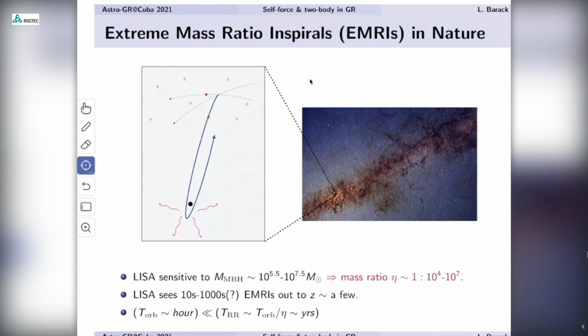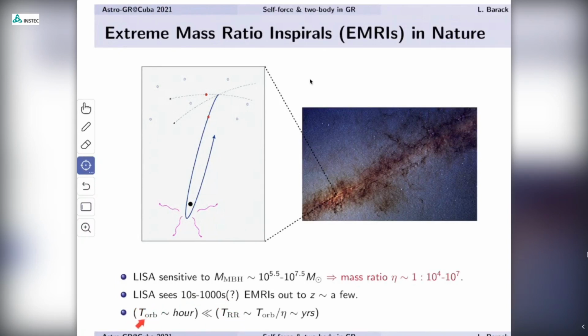So if you integrate over all the galaxies that you can see, you end up with very nice numbers, with very large error boundaries. We still don't know how many LISA will see, but it may well be in the hundreds or thousands. And the main thing to consider in terms of the physics is the fact that you have two disparate timescales in the problem.